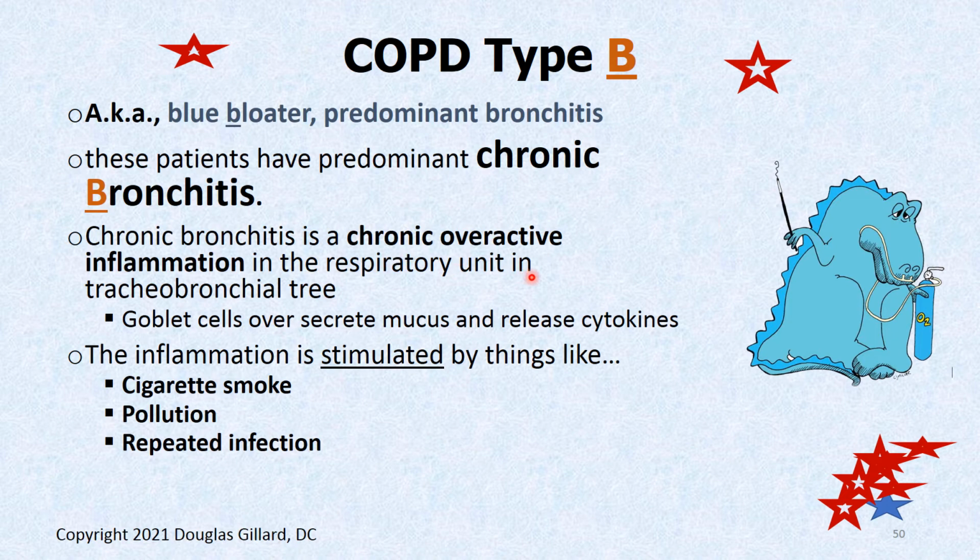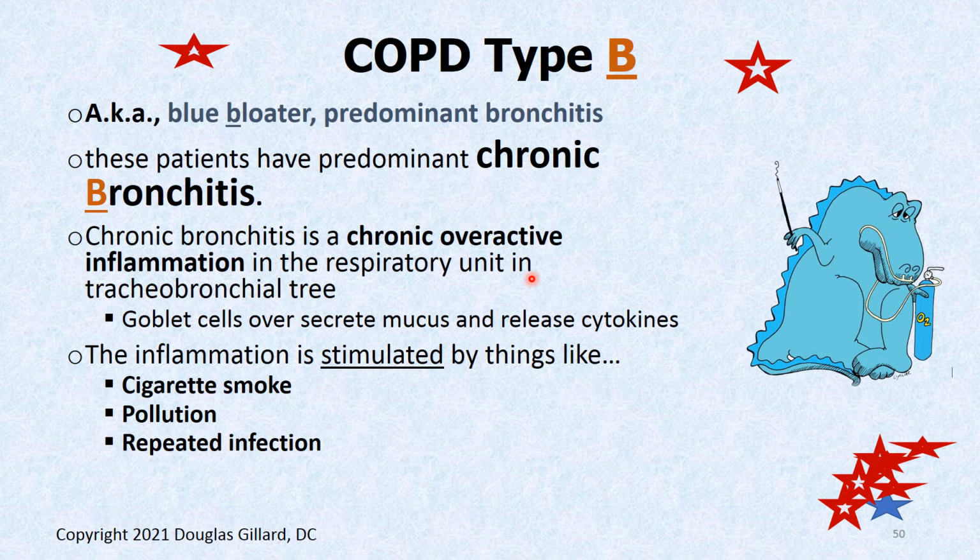It targets everything. That should be "and" there on slide 50, and the bronchial tree. Remember, emphysema targets the acinar unit or the respiratory unit. This one targets everything, and it's a chronic inflammation. And goblet cells also are very overproductive in this condition, so you have way too much mucus going on.